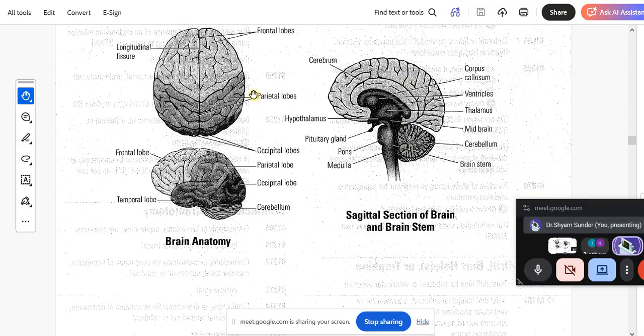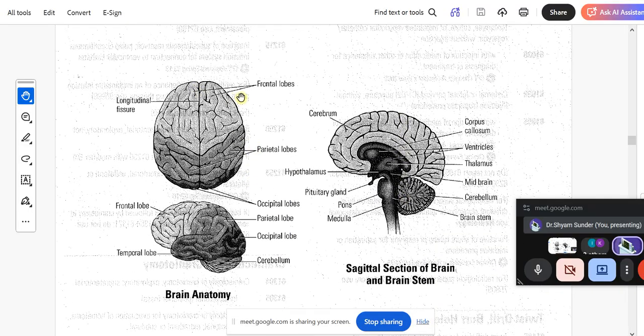Here we have the brain anatomy, the lobes: frontal lobe, parietal lobe, this is the occipital lobe, and temporal lobe, cerebellum. These are the ventricles which secrete cerebrospinal fluid. Here is the pituitary gland, pons, brainstem, and it is continuing as the spinal cord.